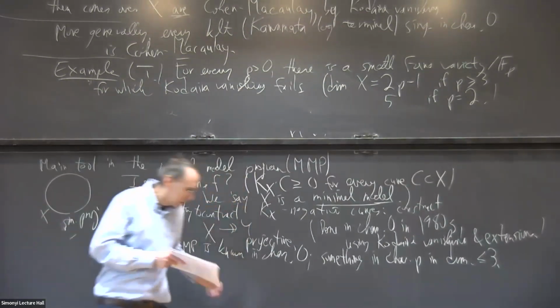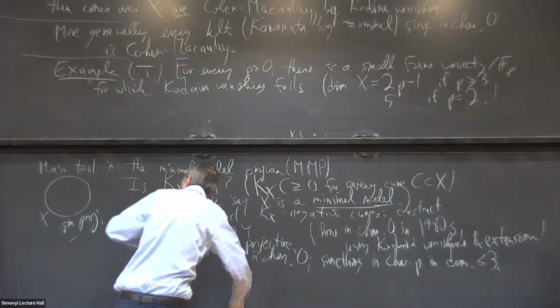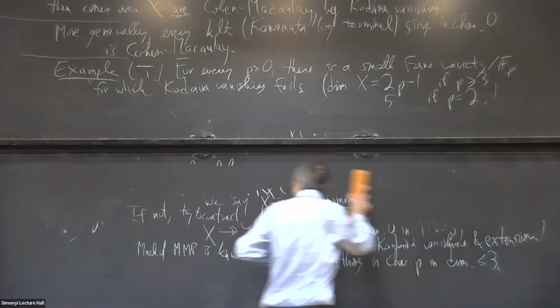Yeah. So okay, just maybe to describe what sort of examples these are, what varieties these are. In some sense, you want varieties that have sort of strange characteristic p behavior.